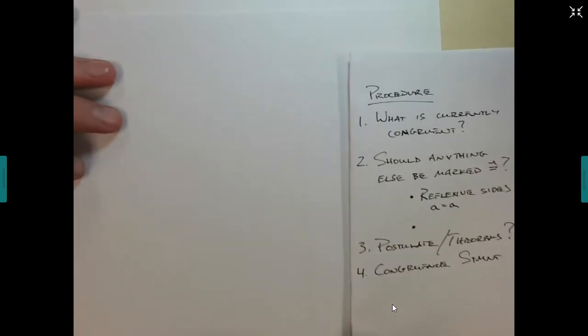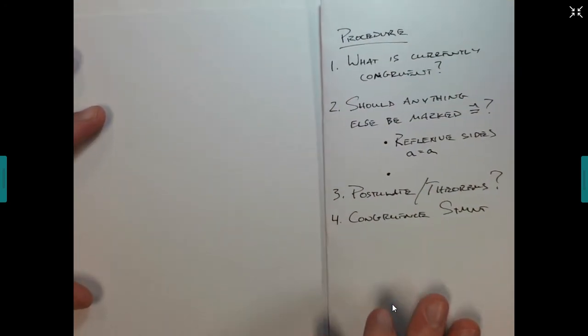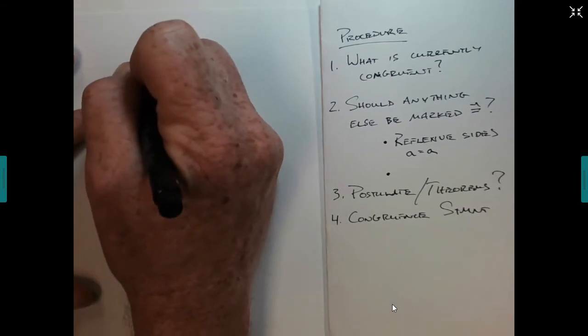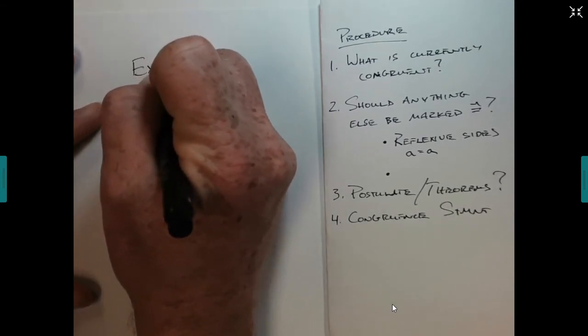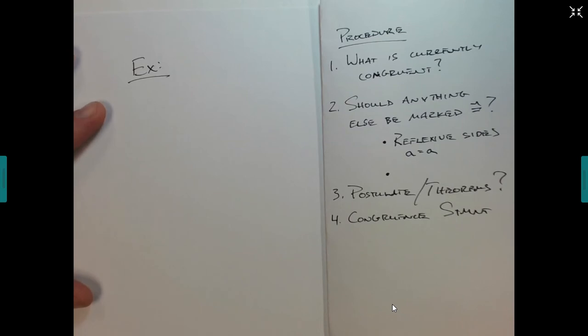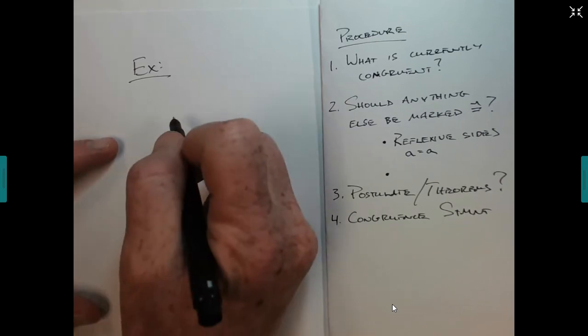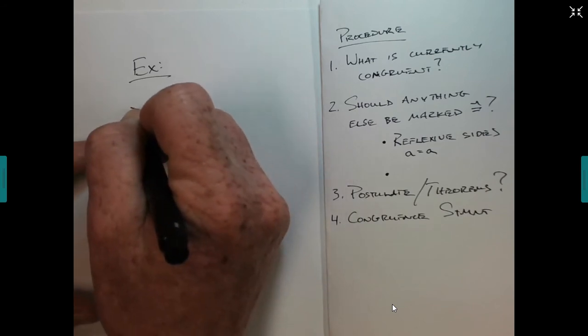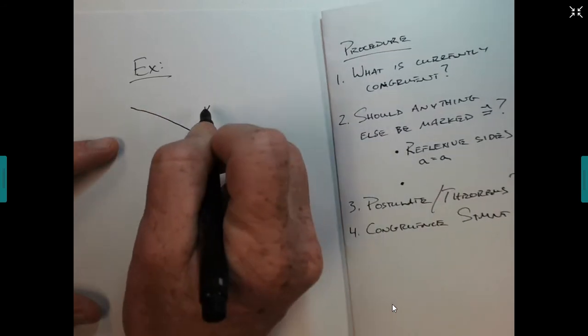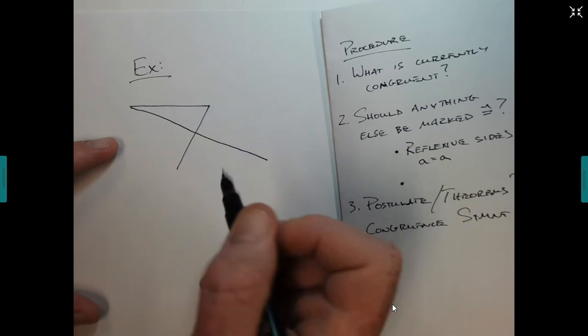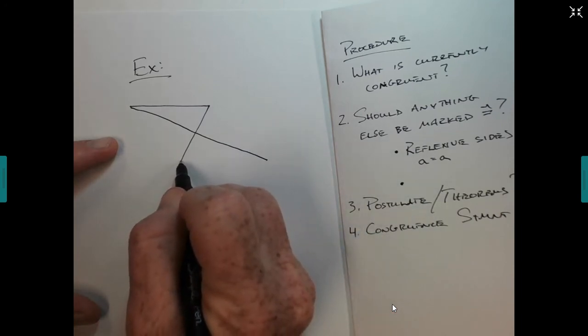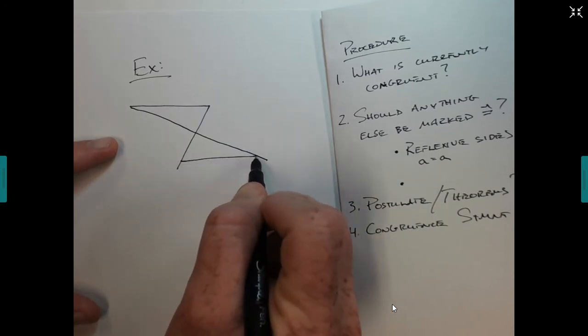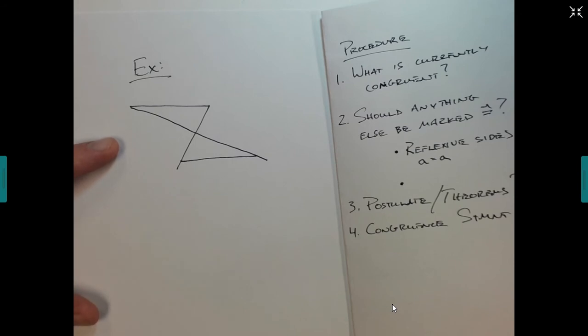Here we go. Still have my procedures. Here is example number 2. Let's look at this. I went a little bit far. So I'm used to doing that because I'm usually on my whiteboard and I can erase some of this stuff.